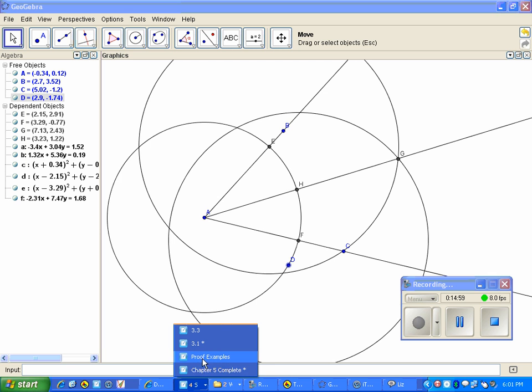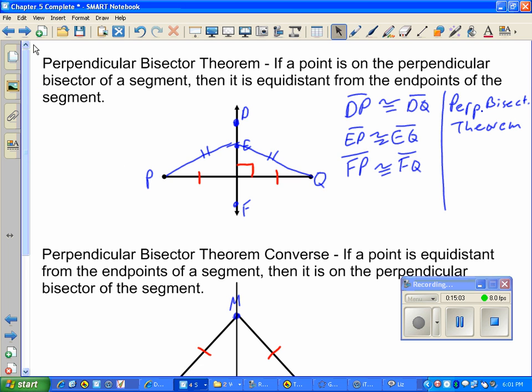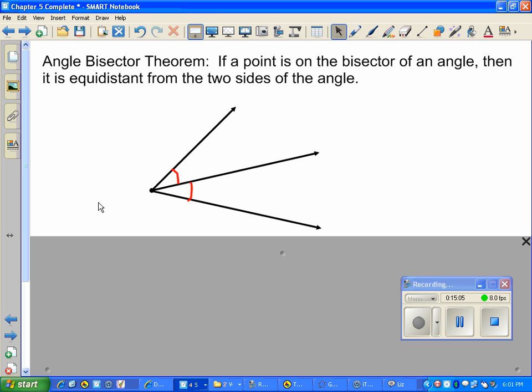This, which I'll prove in class later, is the angle bisector theorem. The proof of it requires some congruent triangles that we'll get into. Basically, if a point is on the angle bisector of an angle, then it's equidistant from the two sides.